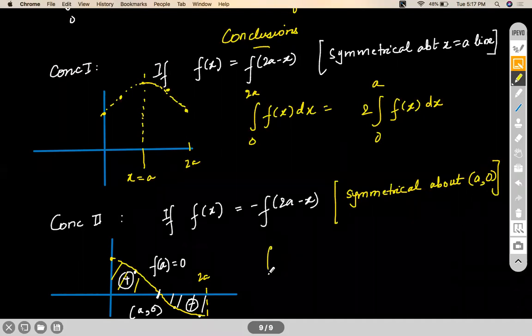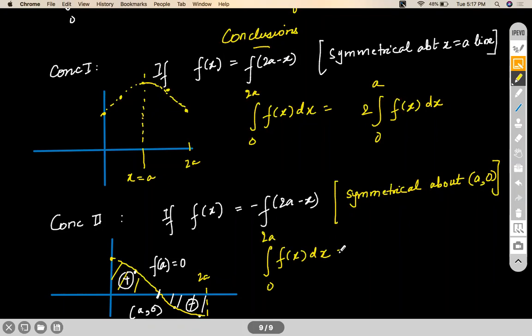So in such cases, your integral will actually become 0. Now, very much like the same even-odd property, it is just that now everything appears to be shifted a units to the right, isn't it? Correct? Yes, sir.